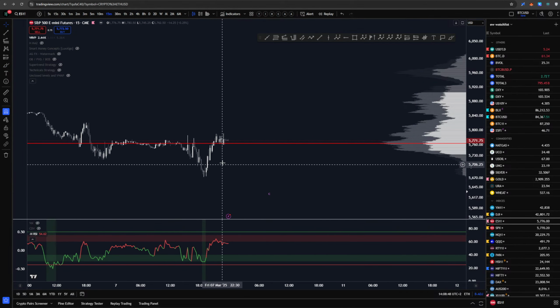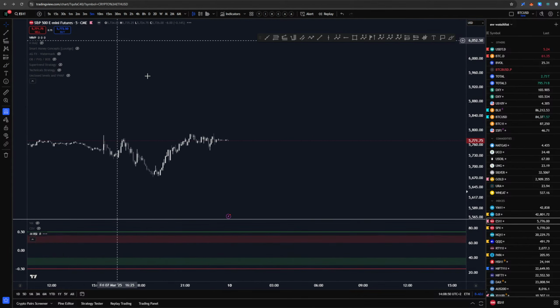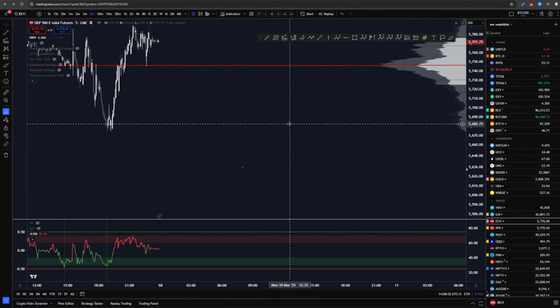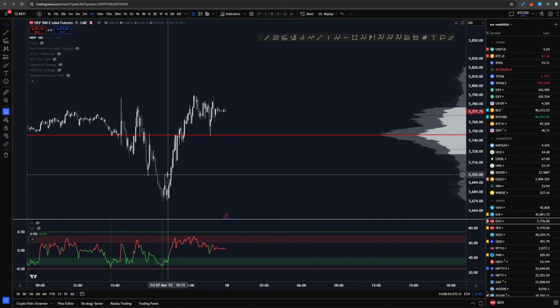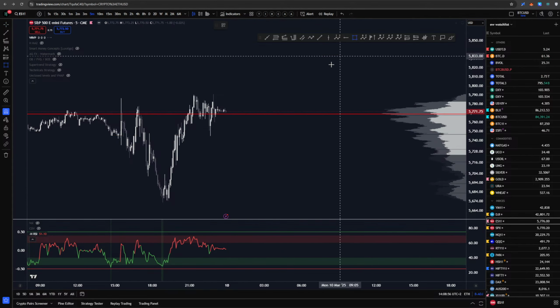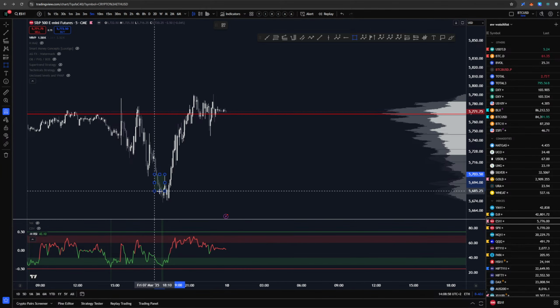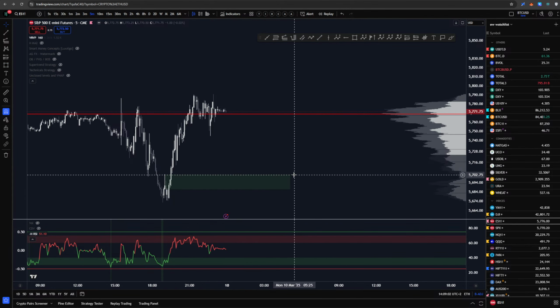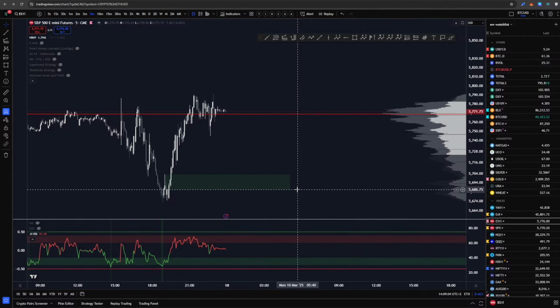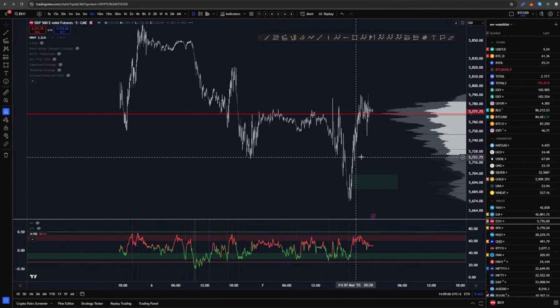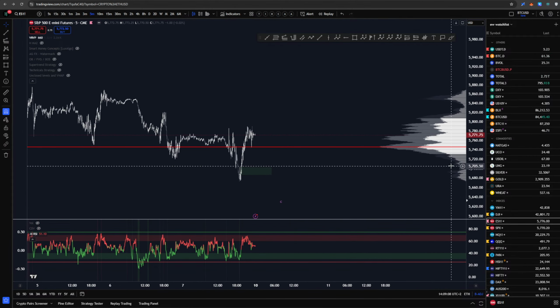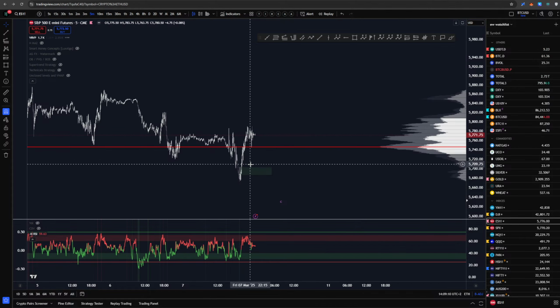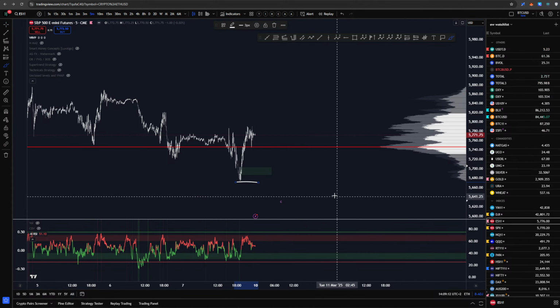But here, where I would be looking for longs would be very much at the lows. Here I would be looking for long setups down somewhere in here, around 5700 to 5687. That area is where I would be looking for longs for this one. And again, that would be against this low.